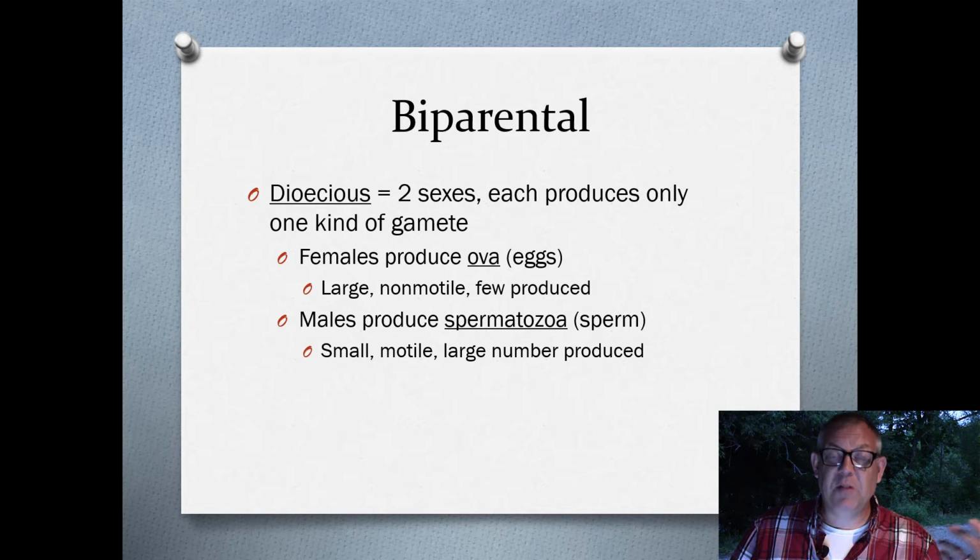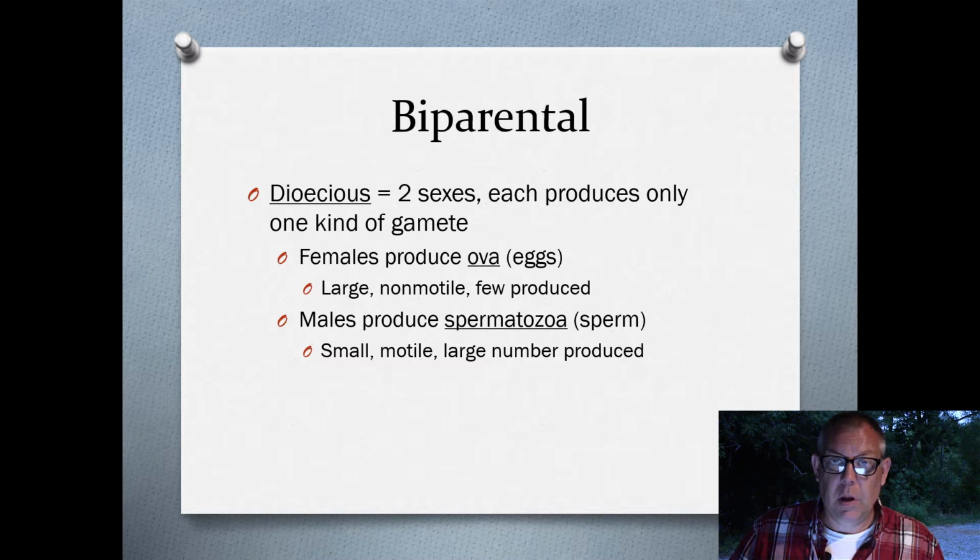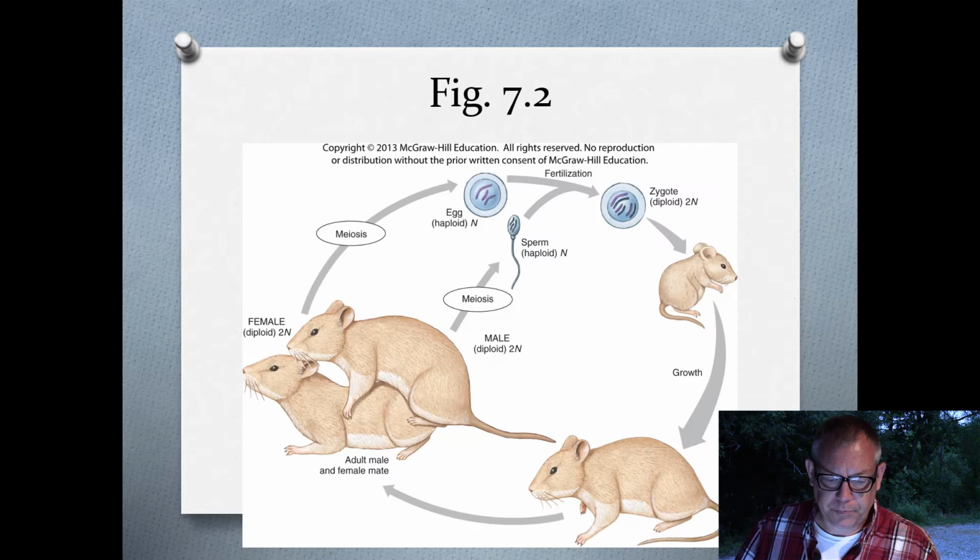And so the females produce eggs, which are also called ova. Eggs are characterized by being large and non-motile, and you don't produce many of them. So, eggs don't really move. They're non-motile. Males produce sperm or spermatozoa. And these are small, and you produce millions of them, and they're motile. They can move. And so those are the general differences between the gametes.